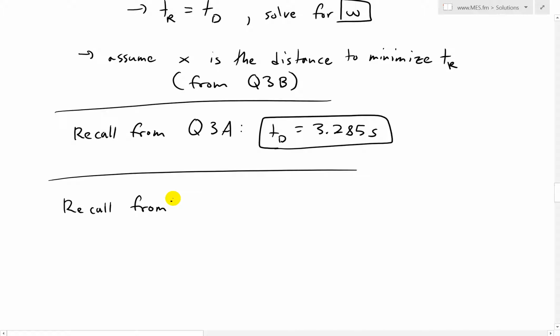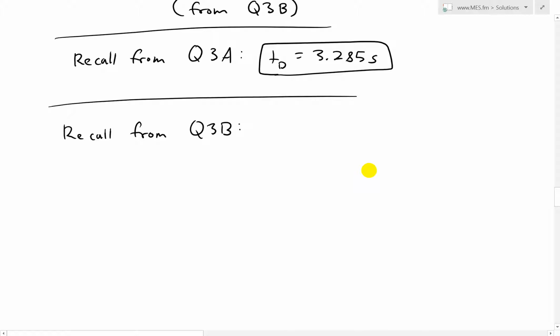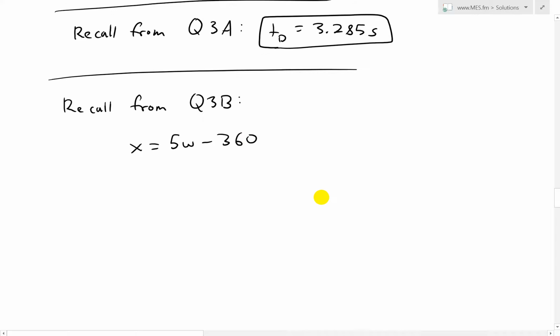Now recall from question 3 part B. Now we're going to get into the more complicated parts. The distance X to minimize the relay time is equal to 5W minus 360, and W is the speed of the shortstop's throw.